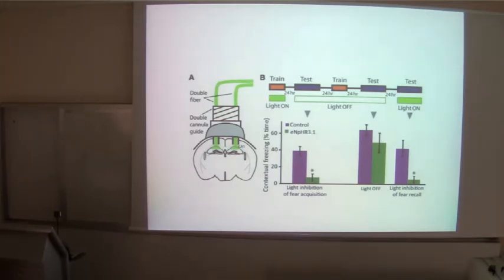So basically you put it in the cage, you give the electric shock together with the sound, but you also have the light. So you block CA1 pyramidal neurons, then you test: you put it in the cage with the sound. Does the mouse stop moving?